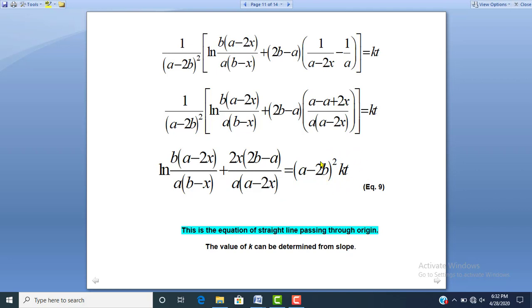How can this value be found out? We will just draw a graph. Along the x-axis we will take time, and along the y-axis we will take a minus 2b square values. Then we will get a straight line, and this straight line will pass through the origin.